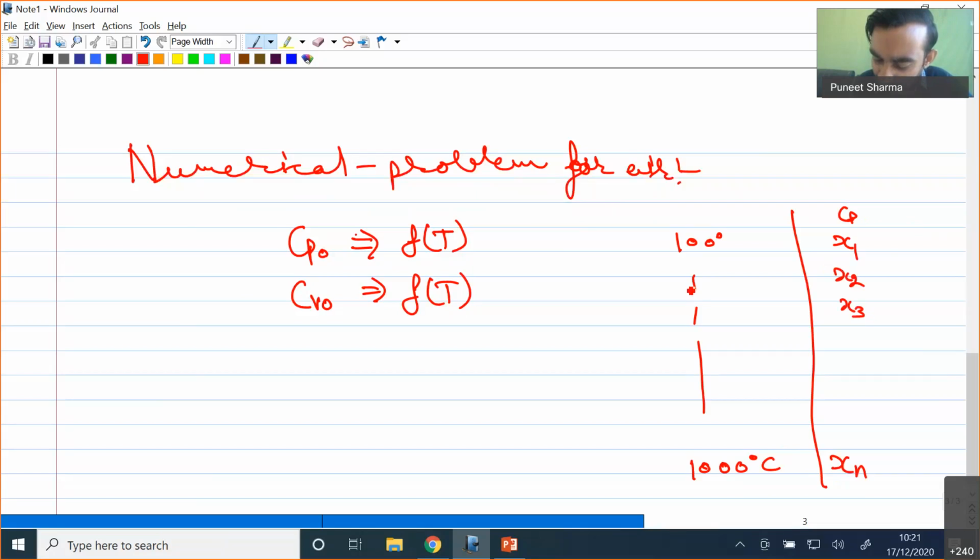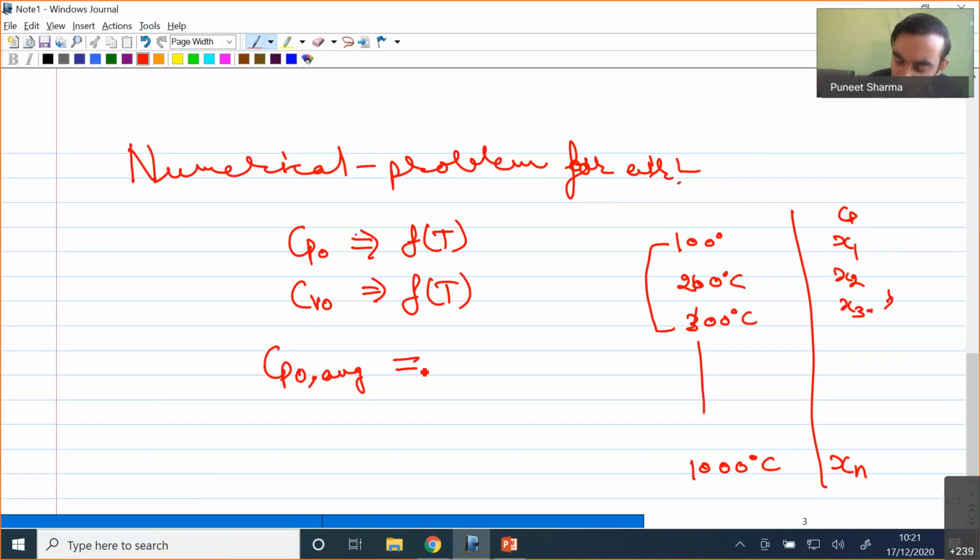Now if I am operating in a very moderate range of temperature, for example from 100 to 300 only, and during that time there is not much change between x1 to x3, under such conditions from this table I can simply define some CP naught average.